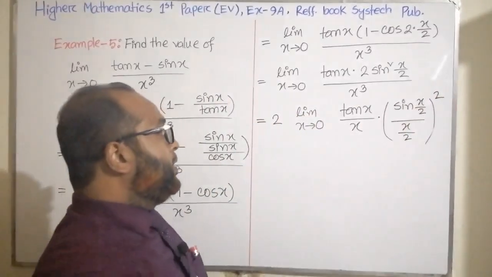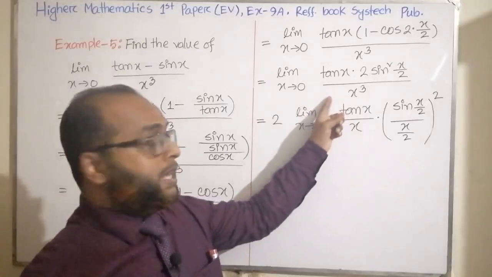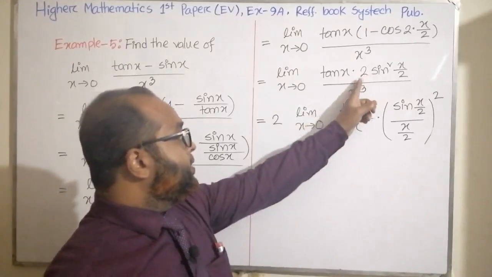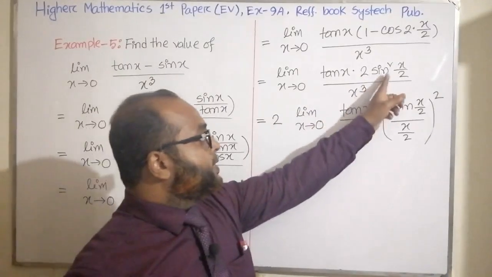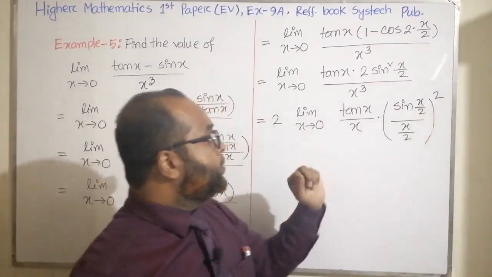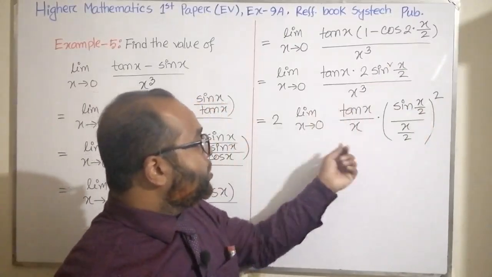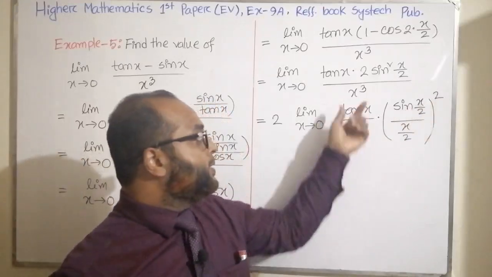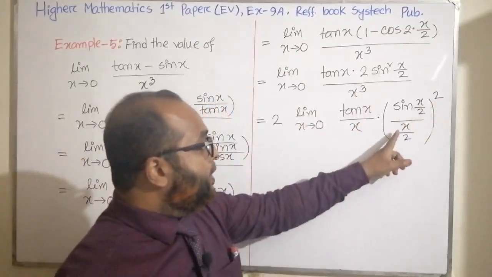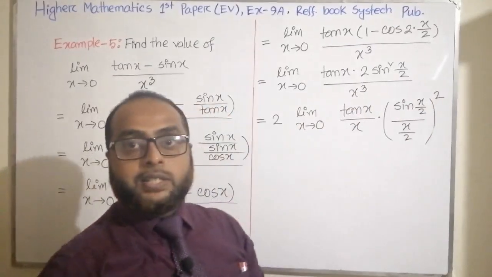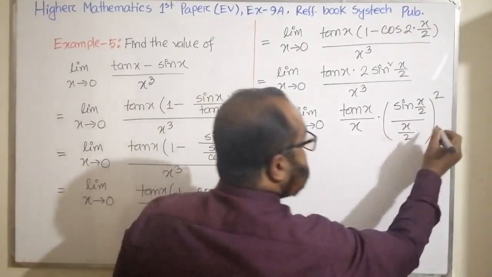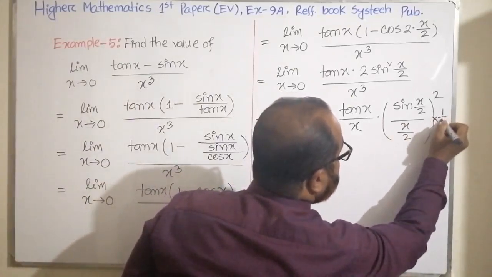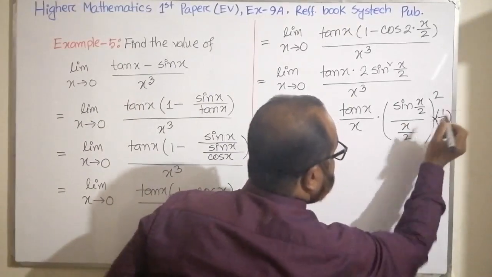Here we have to compare with this expression: tan x exists and this 2 is this 2, and sin square x by 2, and we need x cube, here x and also x square, that means x square into x, this is x cube, and here 1 by 2 whole square is extra. To balance this we multiply this into 1 by 2 square.